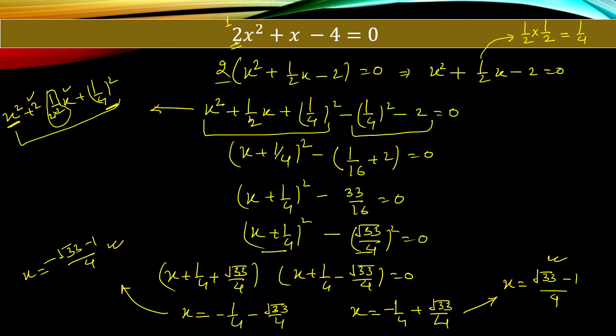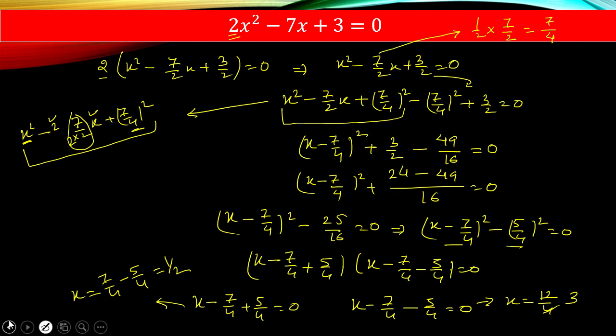First of all, we are making the coefficient of x square 1. Then in the second step, we are finding the half of coefficient of x, and in the third step we are adding the square of this and also subtracting the square of this. We can see the same thing in the previous example which we have done.